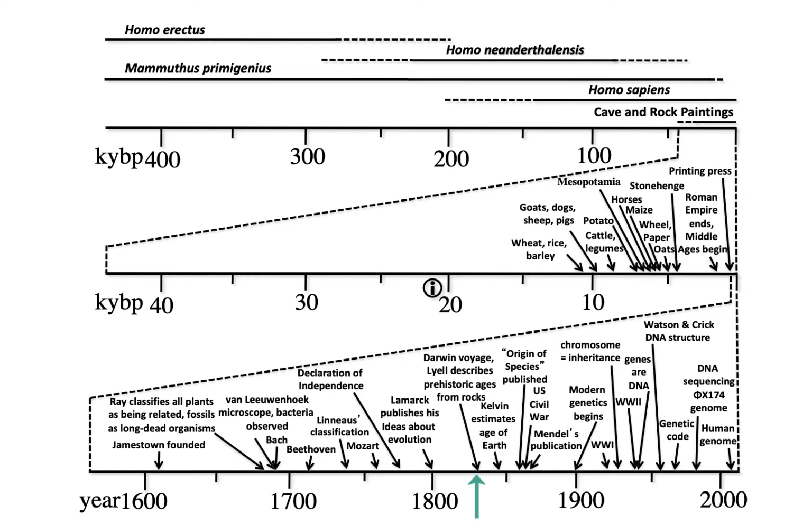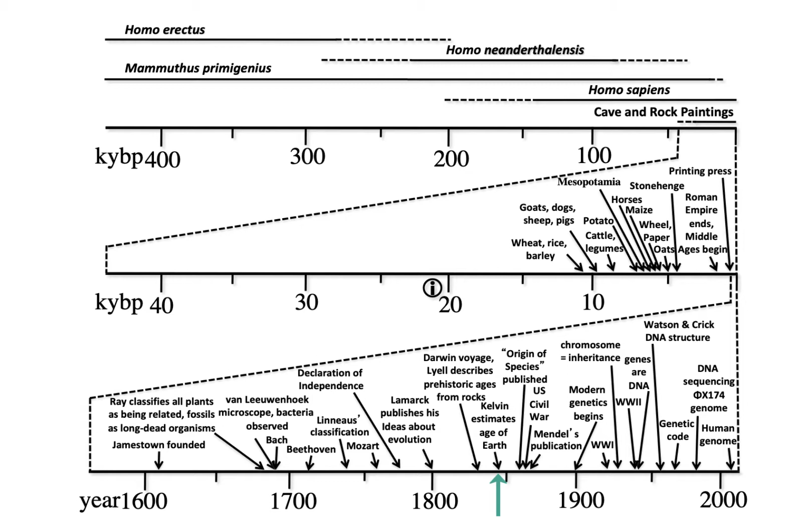And then right about here, Darwin has his voyage, and Lyell describes prehistoric ages from rocks. So he was in geology, and Darwin was very much interested in that. Kelvin then estimates the age of the Earth, and he did it by measuring temperature at different depths in the Earth.